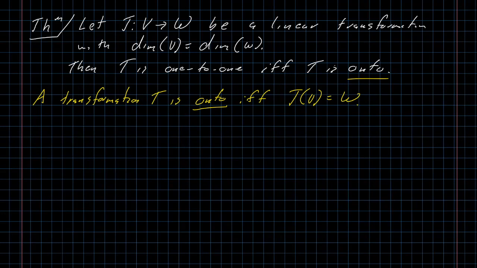The definition of an onto function or an onto transformation is that the range is the codomain. Every vector in the codomain happens to fall into the range.